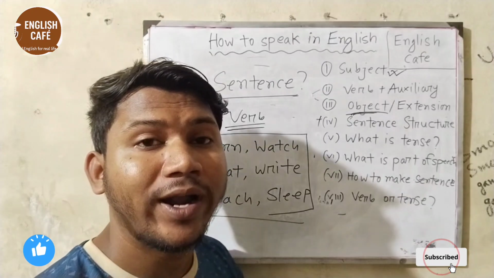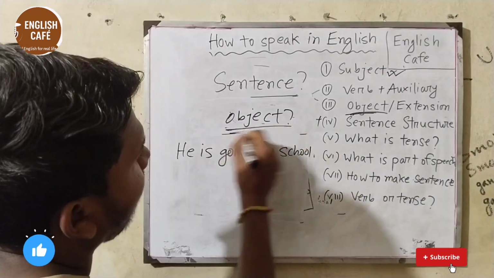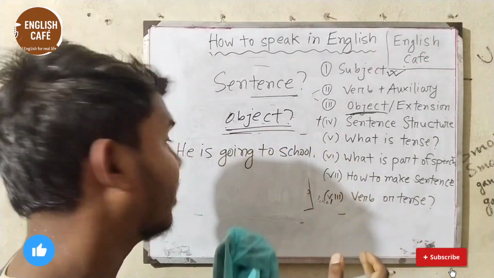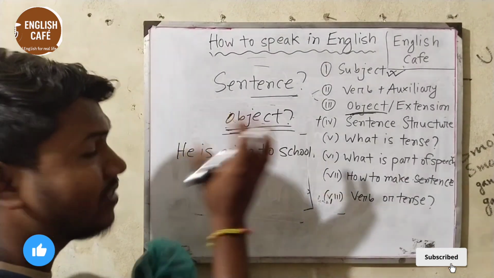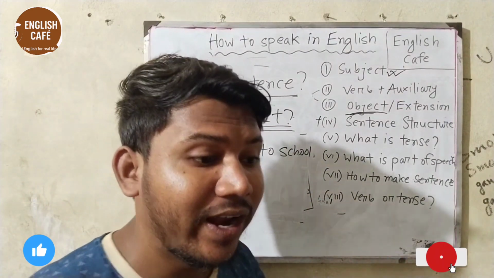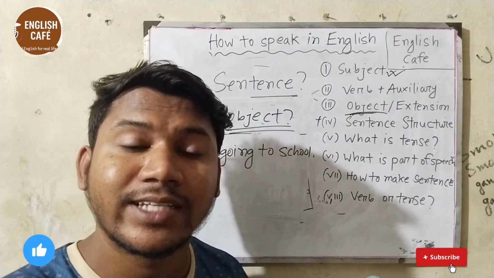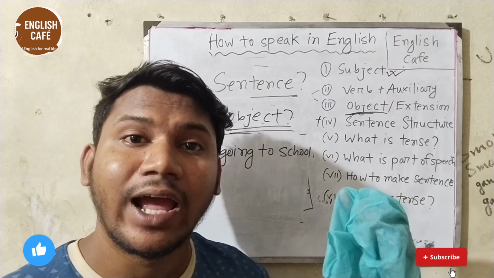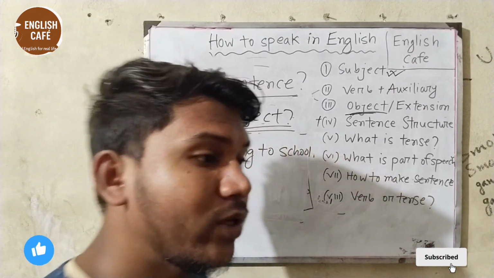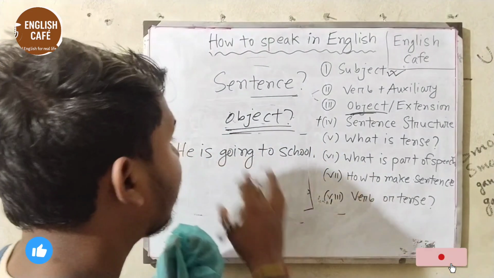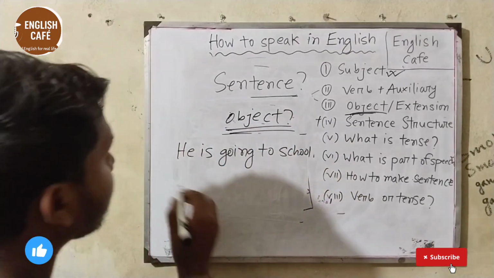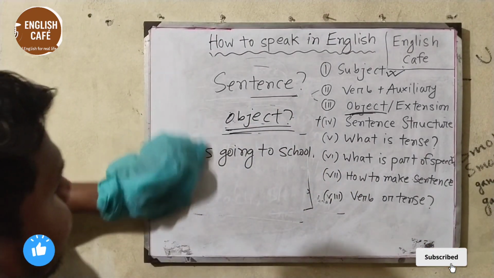Now we need to know what an object is. What is an object? That is our question, right? An object can be defined as the rest of the sentence except the subject and verb. We just delete the subject and verb from this sentence. "He" is the subject here, so we will delete it.